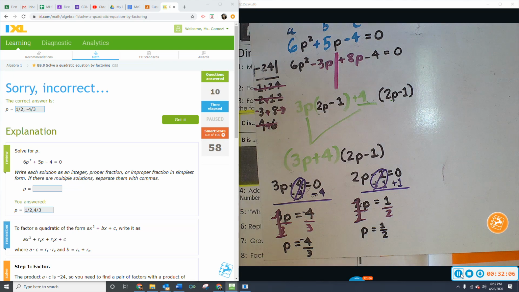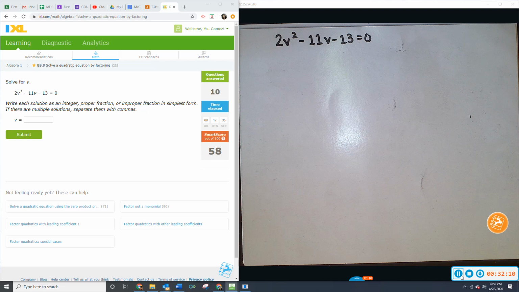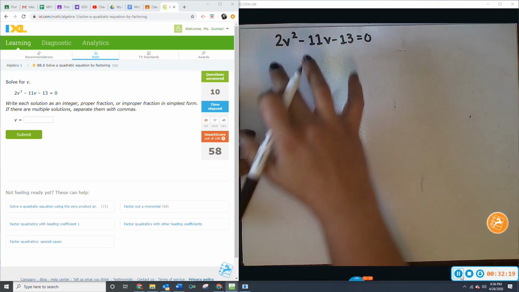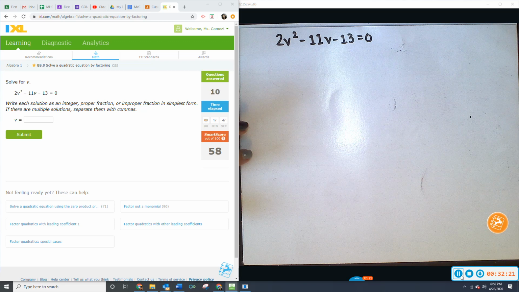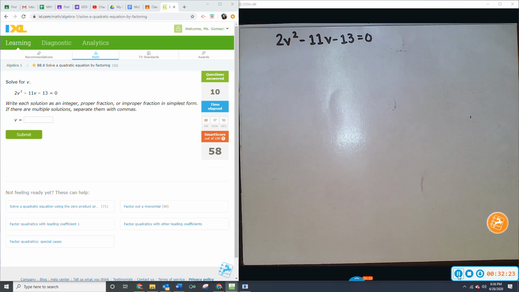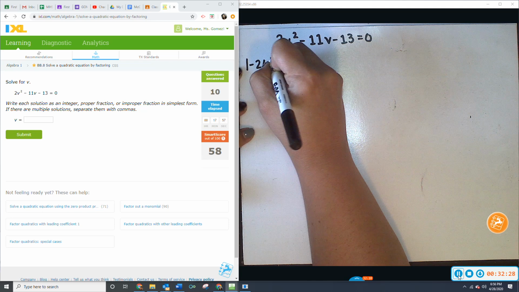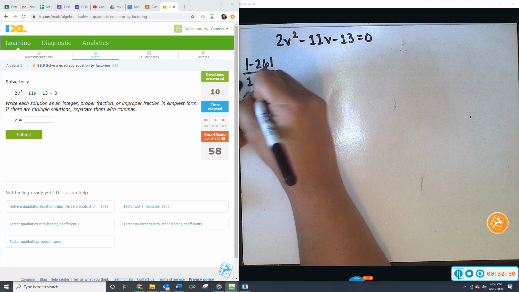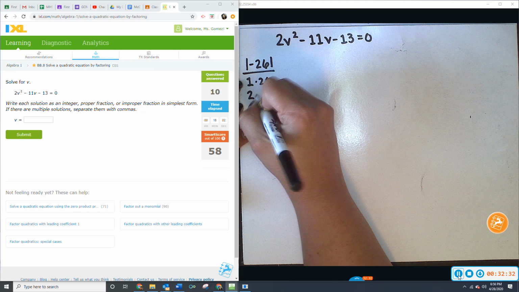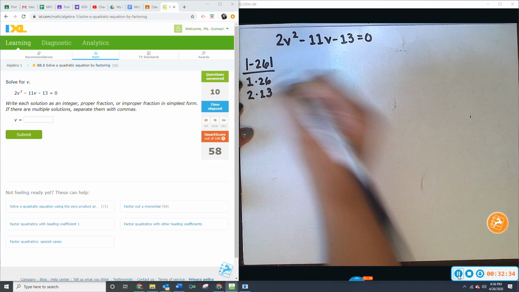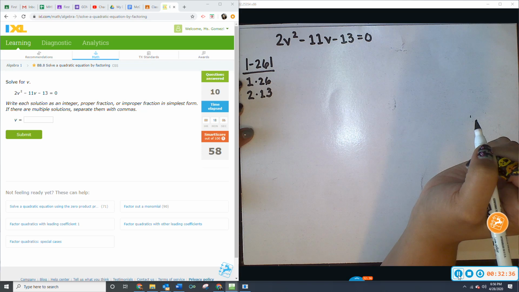One second here. Okay, so once again, I do not have a GCF. I have a trinomial, and a is not 1, so factor by grouping. We'll take these two and multiply, and that should give me 26. So let's find all of the factors beginning with 1 times 26, 2 times 13, and well, that's it, which is nice.